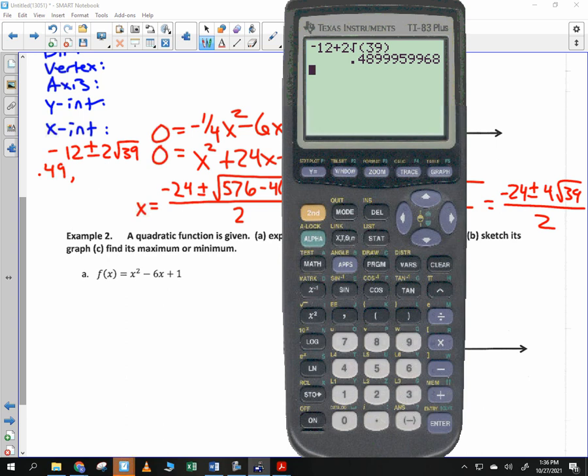I now want to type in the same thing, but I just want subtraction. If you go second, enter, which is entry, it brings up exactly what you previously typed in. You can press subtraction. And that can help, especially when we get longer expressions later on. Press enter, and we get negative 24.49.